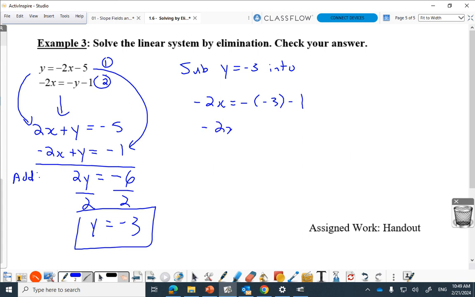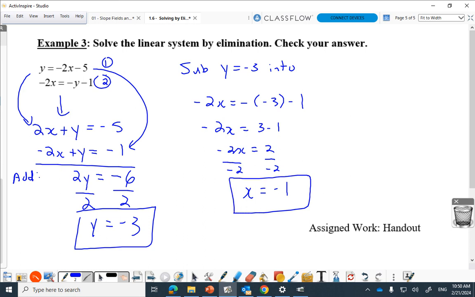Negative 2x equals 2. Divide by the negative 2. X equals negative 1. And I did that fast on purpose, not to intimidate you, but just sometimes in the lesson, I like to go a little faster so we stay focused on the idea, not hung up on the individual algebra. Hopefully those steps are something that you won't have much trouble with.